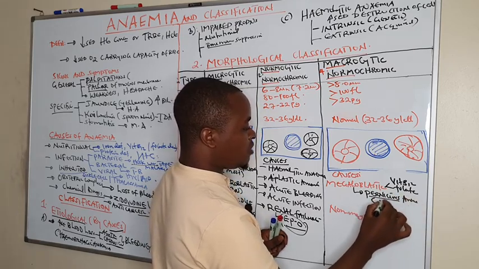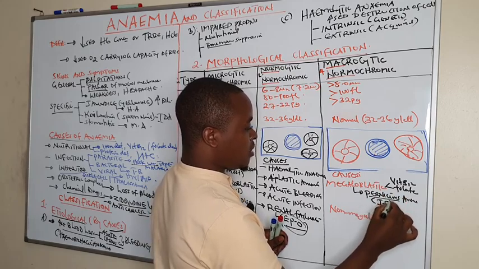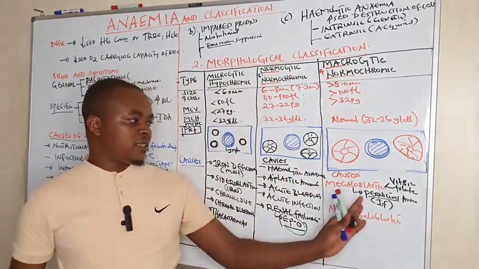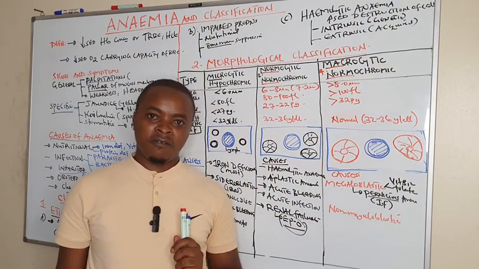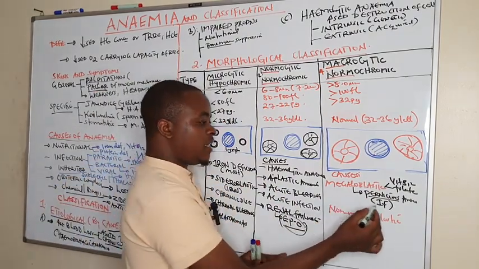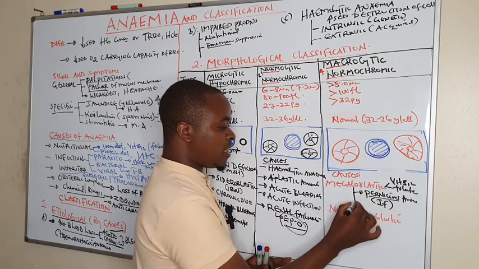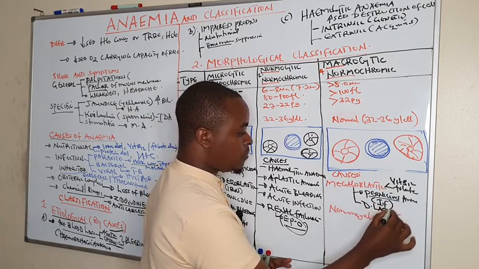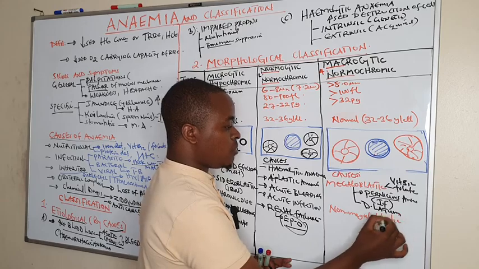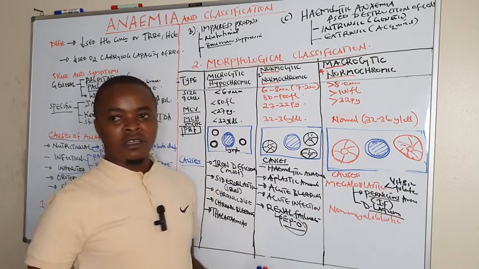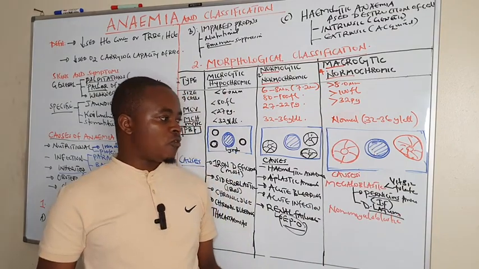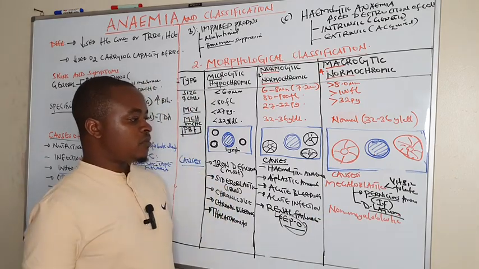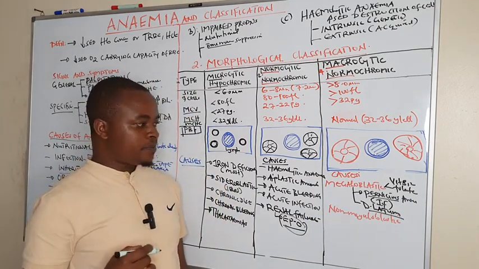This is due to lack of intrinsic factor. Intrinsic factor is produced by the parietal cells, and it is the one that enables absorption of vitamin B12. So someone with pernicious anemia can have a megaloblastic type, and even someone with D. latum infection or tapeworm infection can also, because this tapeworm feeds on vitamin B12, so in the long run it can lead to vitamin B12 deficiency. That is D. latum, Diphyllobothrium latum.